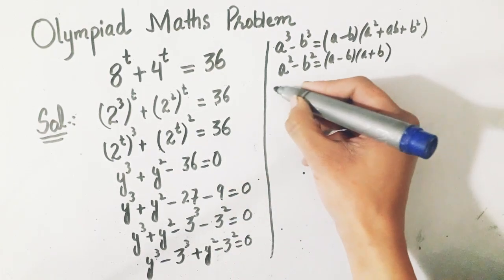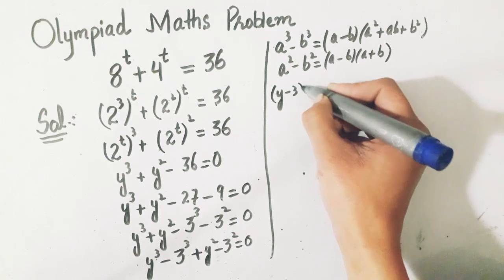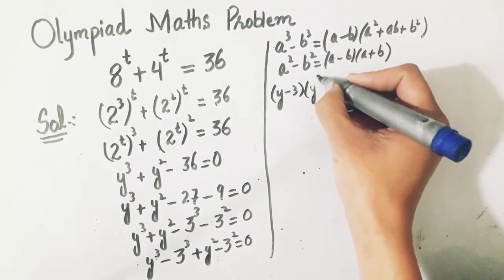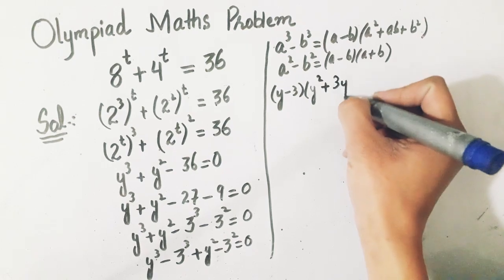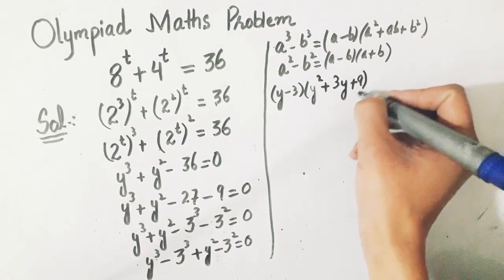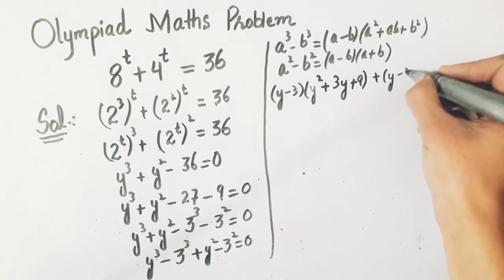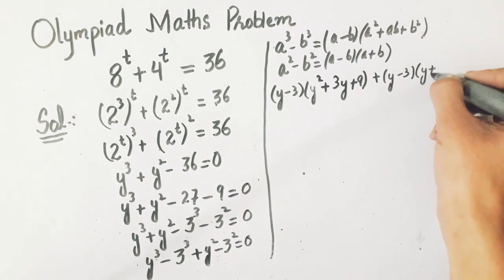Now we will write this as y minus 3 into y square plus 3y plus 9, and from this we have y minus 3 and y plus 3 equals 0.